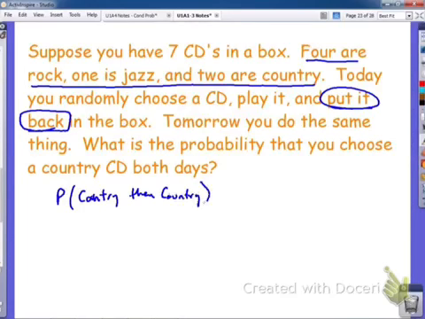Okay, country, then country CD. Now, this is going to be the probability of selecting a country CD today times, because this is an AND problem, even though it says then, it's an AND problem, selecting country tomorrow.